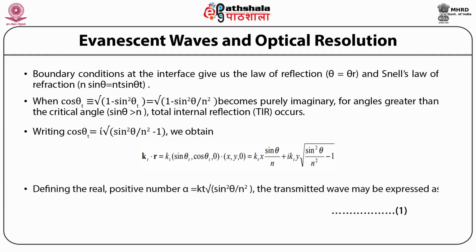Now defining the real positive number alpha equals kt times the square root of sin²θ by n² minus 1, the transmitted wave may be expressed as Et equals E0t e^(-iωt) e^(i x kt sin θ by n) e^(-αy).